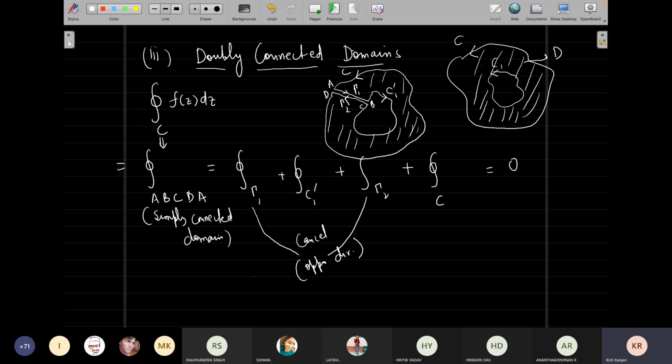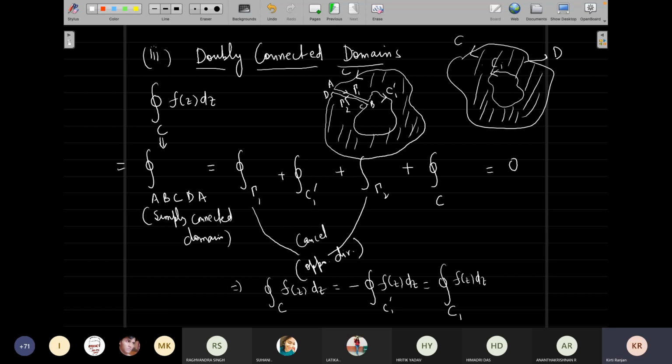So the integral over C, which was our original contour, of f(z) dz turns out to be minus the integral over C1 prime of f(z) dz, which is basically the same as f(z) dz with C1 traversed anti-clockwise. Remember the original problem had this C1 traversed anti-clockwise.